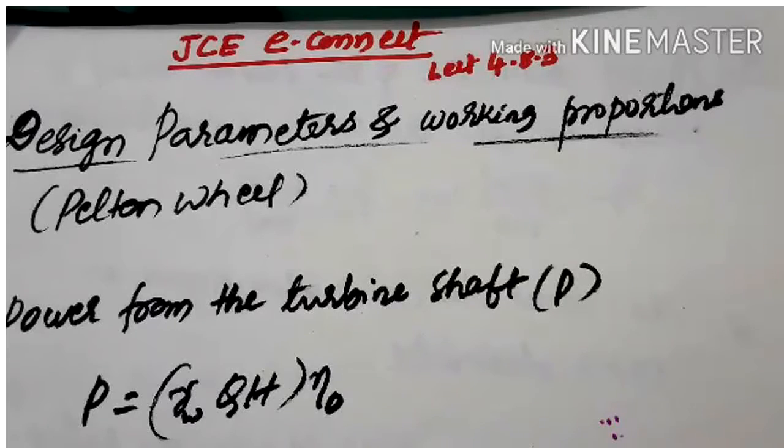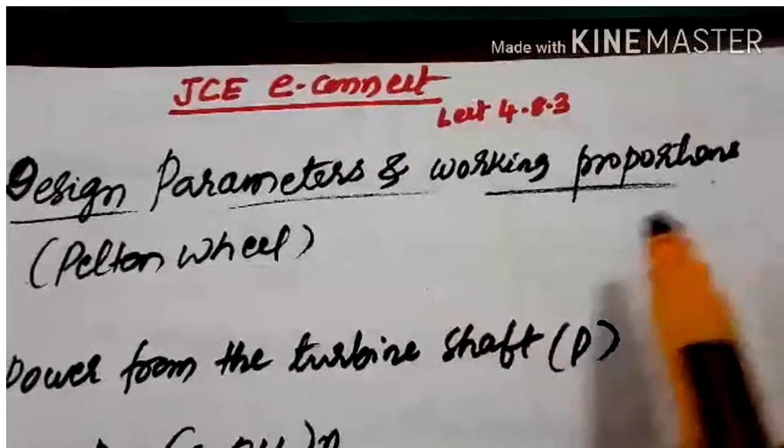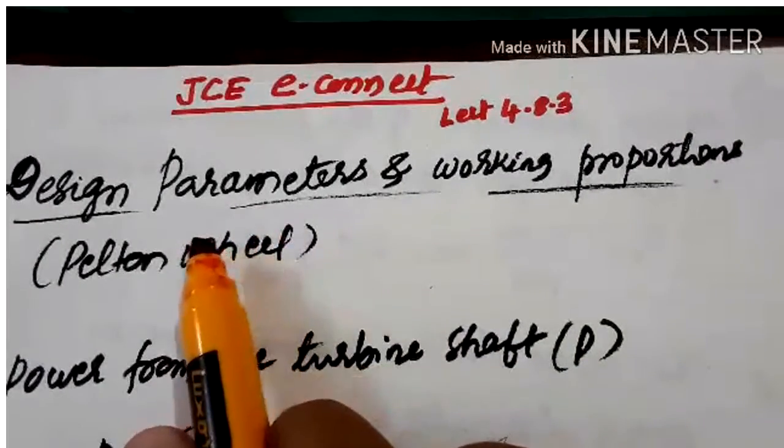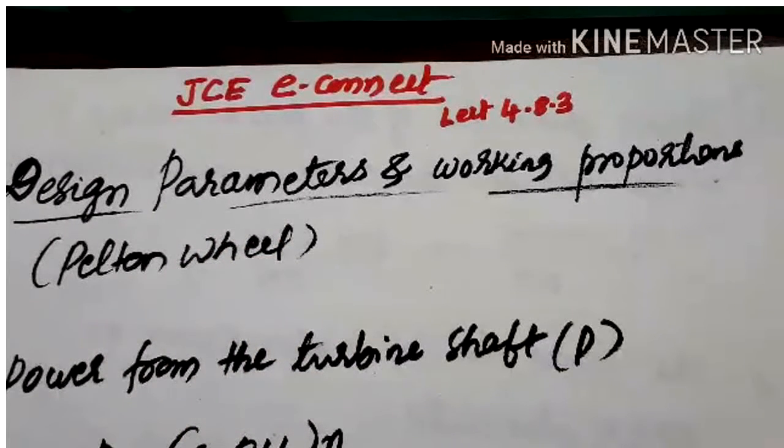In this session I'll be discussing the design parameters and working proportions of a Pelton wheel. If we want to obtain optimum efficiency, what should be the number of buckets, the diameter of the runner or disc, the actual velocity, and how many jets are required?